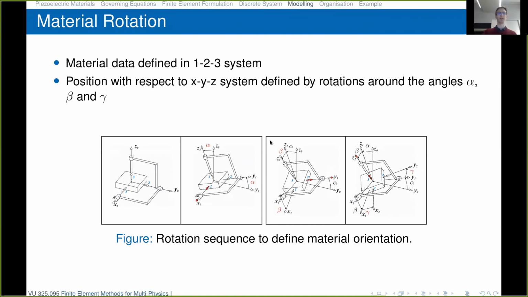This can be done by, for example, using the Cardan angles alpha, beta, and gamma here given in the sketch. And this is in fact something you have to do all the time if you have anisotropic material behavior. So this is a very similar thing you have to also do, for example, for composite materials. Okay.